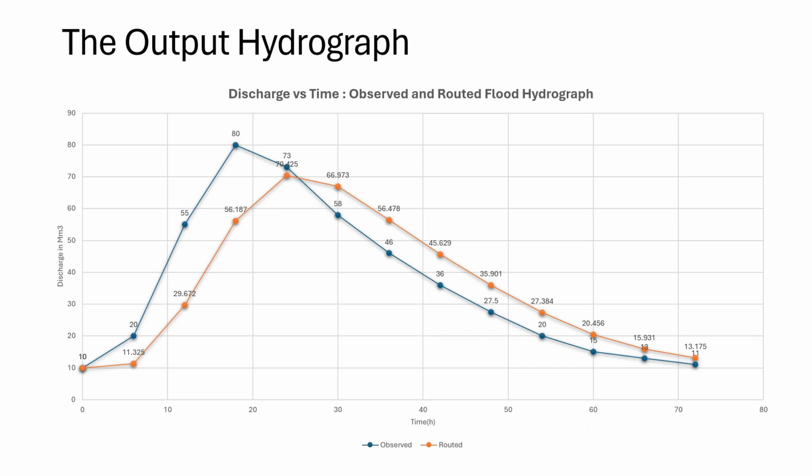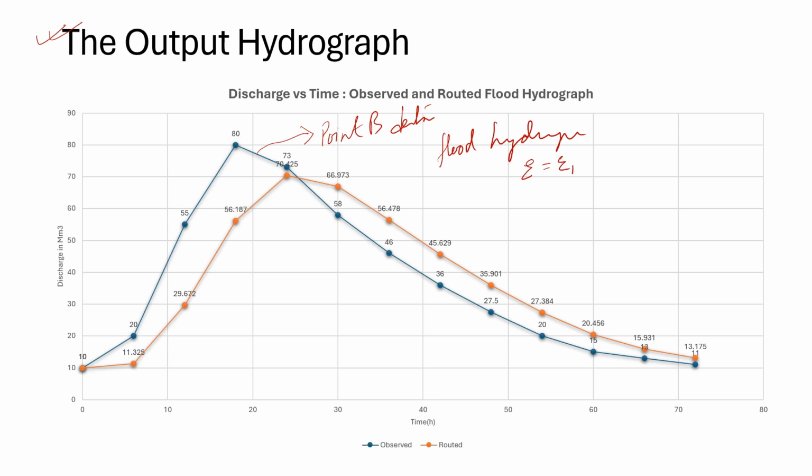So let me tell this. This is our goal, the output hydrograph. We have to draw it. This blue line indicates the observed hydrograph from that data given at point B. This hydrograph was drawn with the help of point B data, the flood hydrograph which enters the reservoir when the elevation is also given, right?